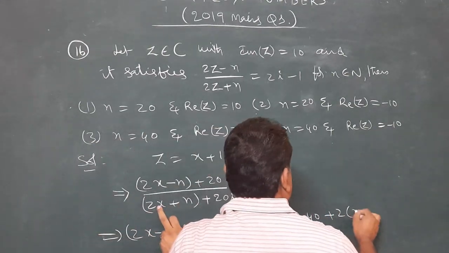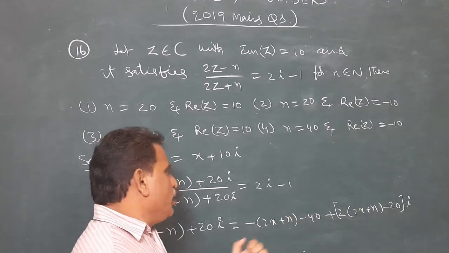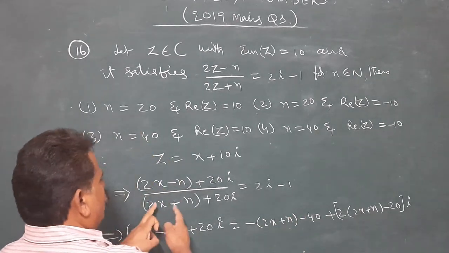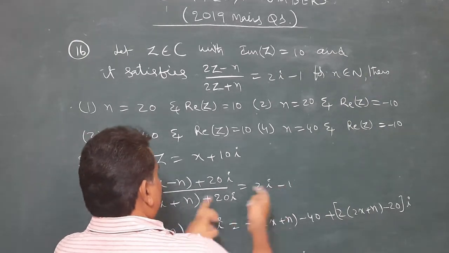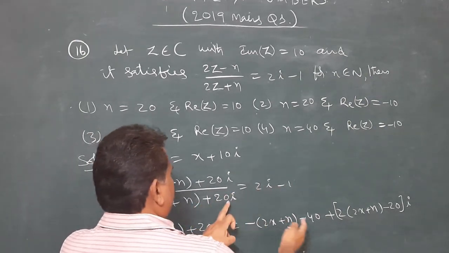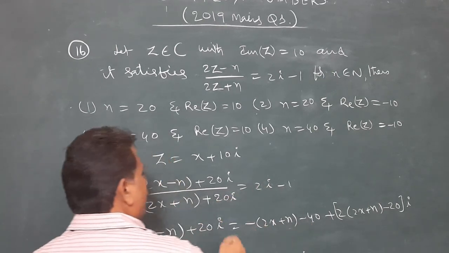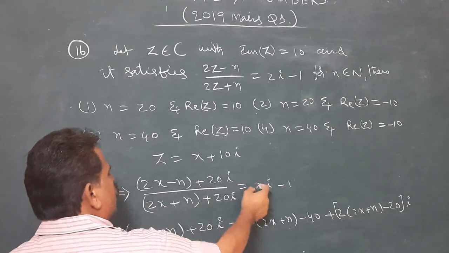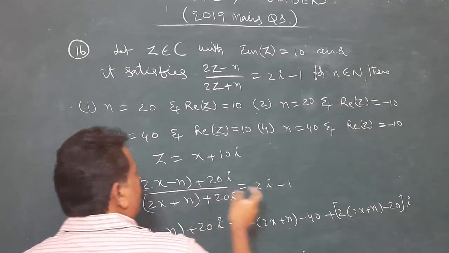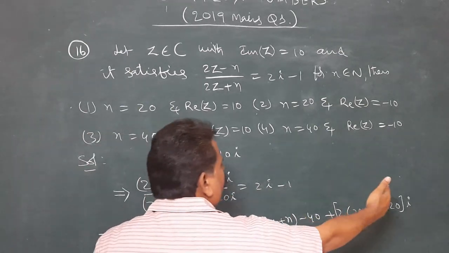Imaginary part is plus 2 into (2x plus n) i, minus 20i. We have to write down the imaginary part and real part. Real part first: 2x minus n equal to minus 2x minus n minus 40. Imaginary part: 2 into (2x plus n) i minus 20i, taking i outside.